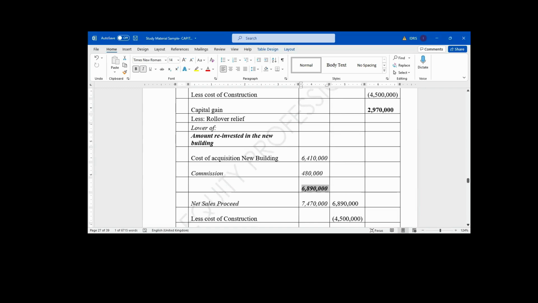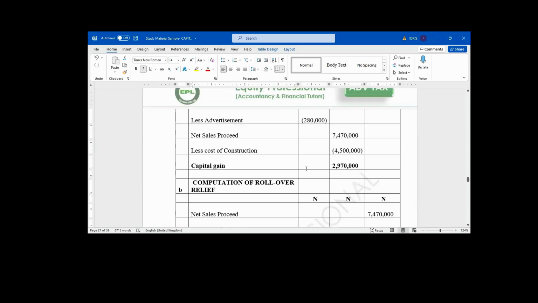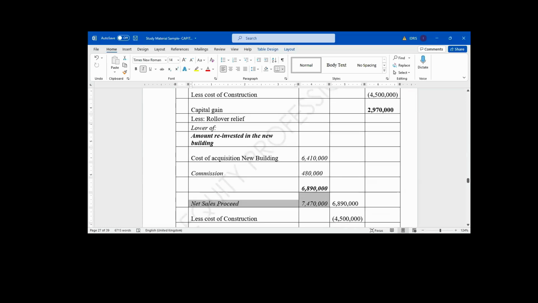When you compare it with the net sales proceed of the old asset, which is 7,470,000, between 6,890,000 and 7,470,000, which one is lower? 6,890,000.